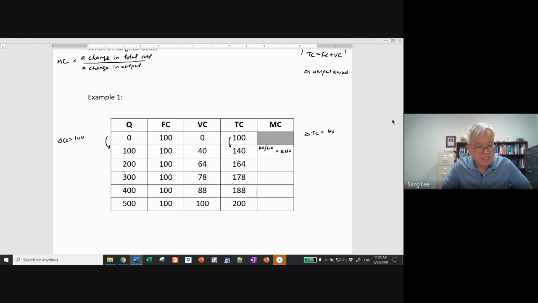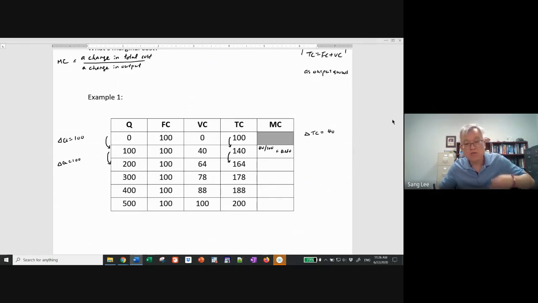Now, suppose you further increase the output, this time from 100 to 200 units. So what's the change in quantity? It's still 100. From 100 to 200, so change in output is 100. Now, change in total cost is what?